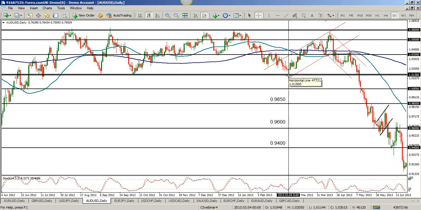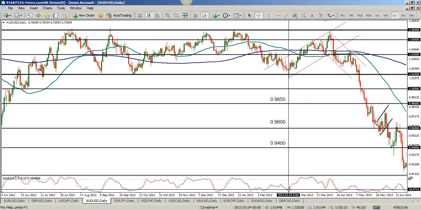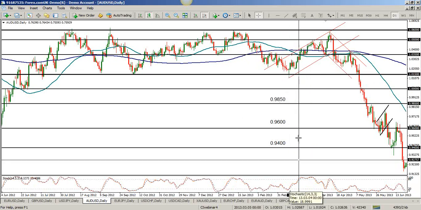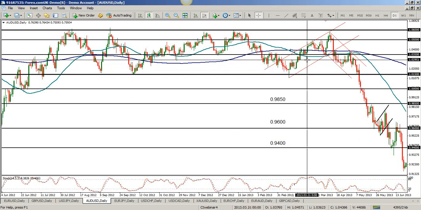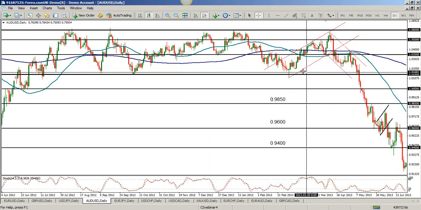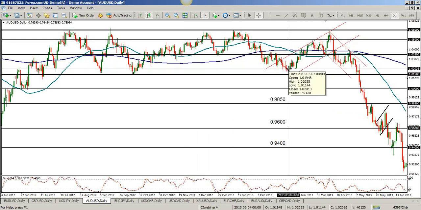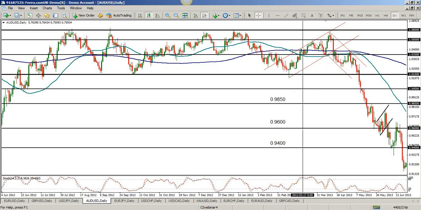Here again, not only is it support, not only is it this hammer candle, but it's also an emergence up from the indicator. I put all three of these together, and I get confluence for a potential long position. This occurred on the daily chart, but something similar could have occurred on the hourly chart, the 4-hour chart, the 15-minute chart, the 30-minute chart, even the 5-minute chart.